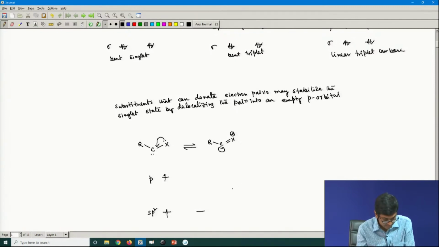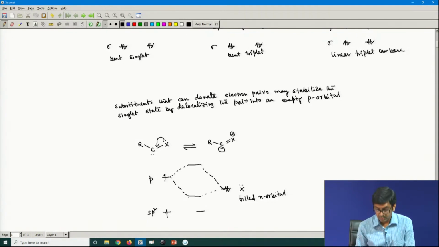Now you have this filled n orbital. You see, after donation of this electron pair from this heteroatom or these halogens, the energy of this singlet state is getting sufficiently reduced.